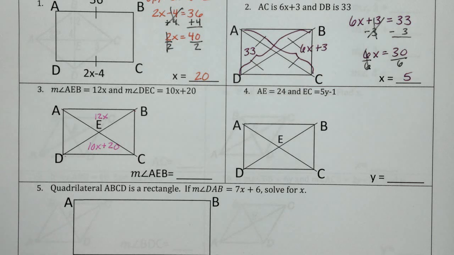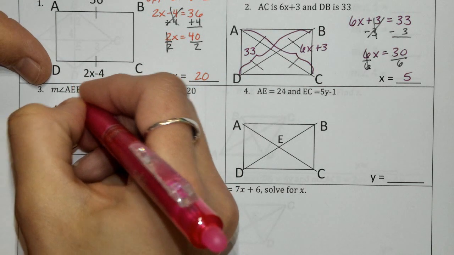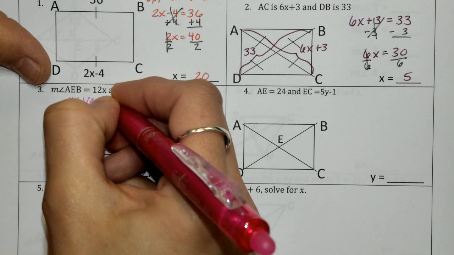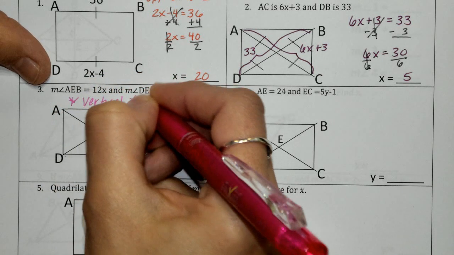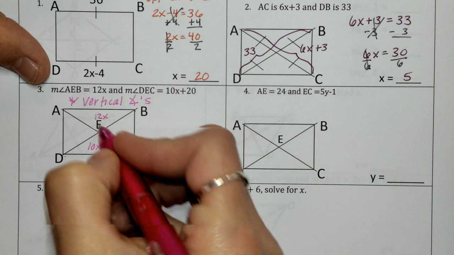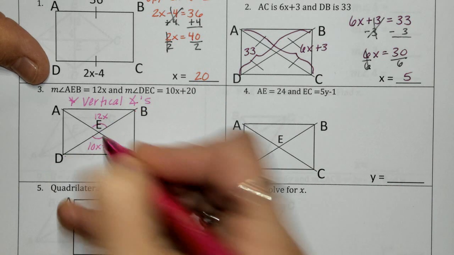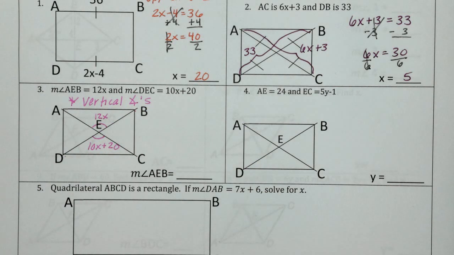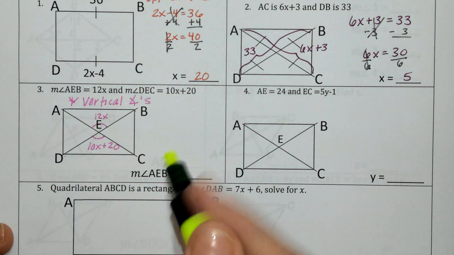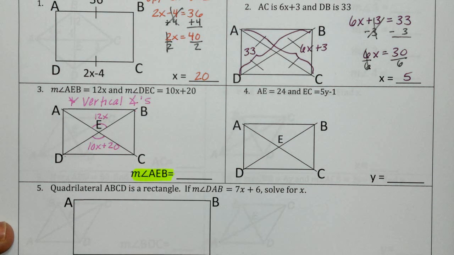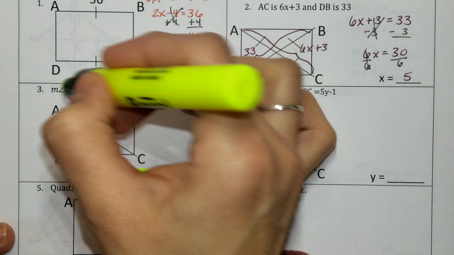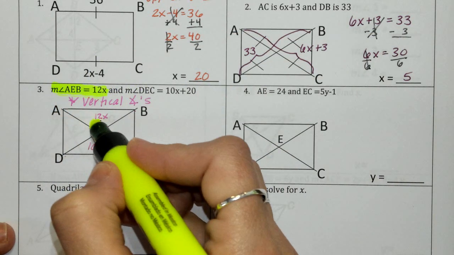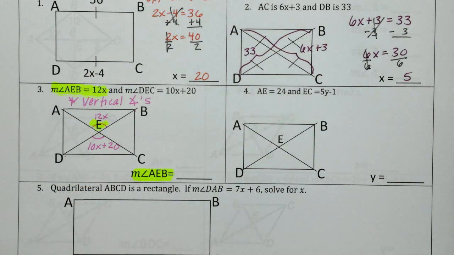But what we need to see here is something that geometry talks about a whole lot, and we have vertical angles. And with your vertical angles, we know that means that they are going to be congruent. Now, also in this problem, they are asking us for the measurement of angle AEB. So in the end, after we solve for x, we're going to have to substitute in, because we want this guy right here. We'll substitute back in for 12x.